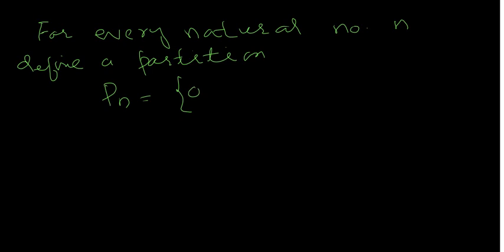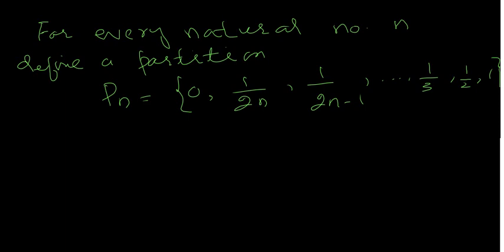First point is 0 obviously, and the second point of this partition is 1 by 2n, and the third point of the partition is 1 by 2n minus 1, and you continue this partition, then we have here 1 by 3, then 1 by 2, finally we have 1, the end point of the interval.